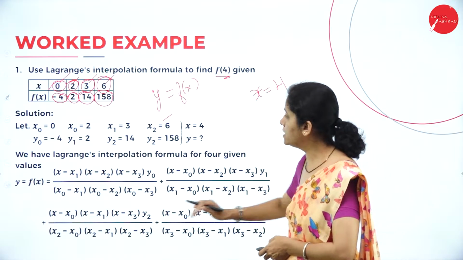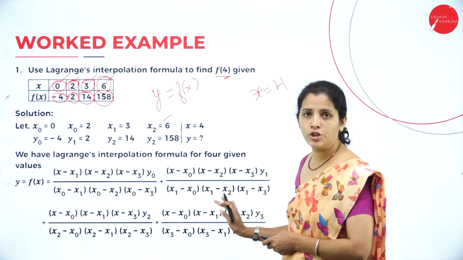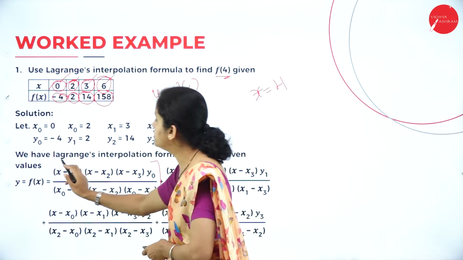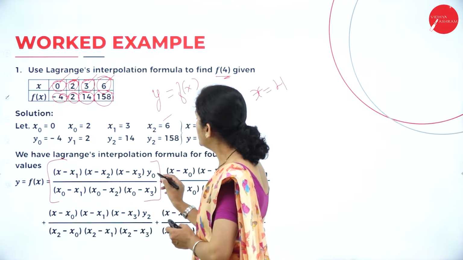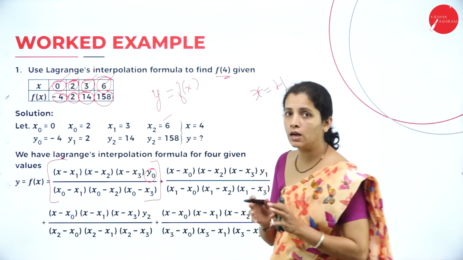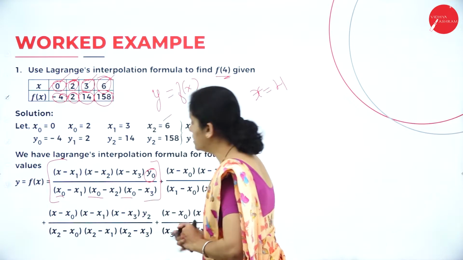So what I want to do? I want to write the formula. So this is the Lagrange's interpolation formula. If I consider the first half, here it is y0. So I want to consider x0, so here x0 is common.